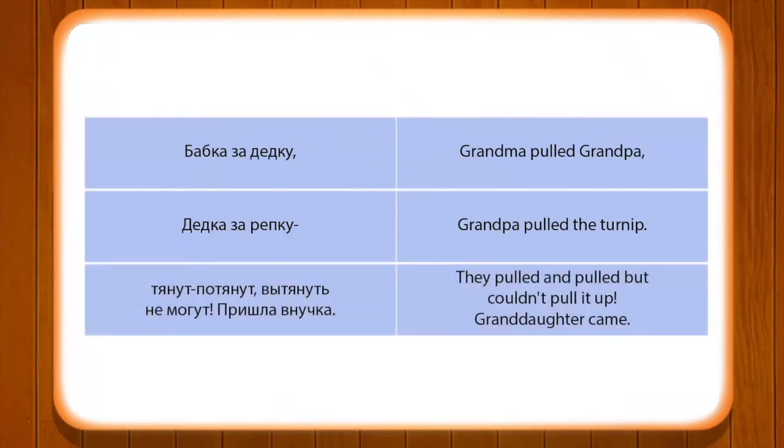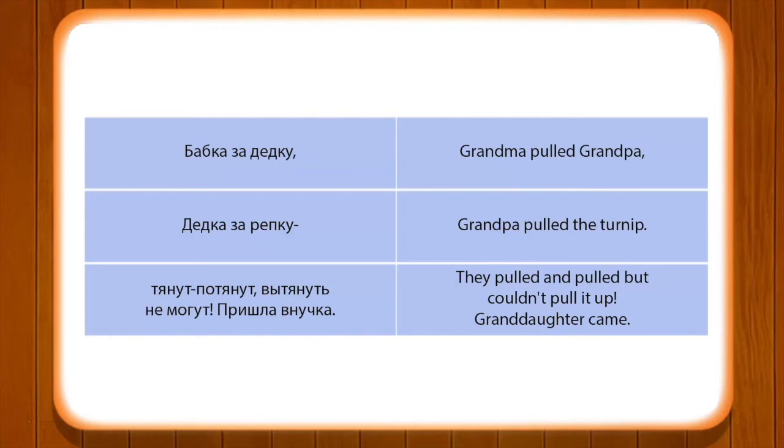So here it means Babka, that is grandmother. She is behind the grandfather, Jetku. Babka za Jetku is a set expression, or we can say in a particular case, that means she is behind the grandfather, and the context says that she is pulling him to help him pull out the turnip.